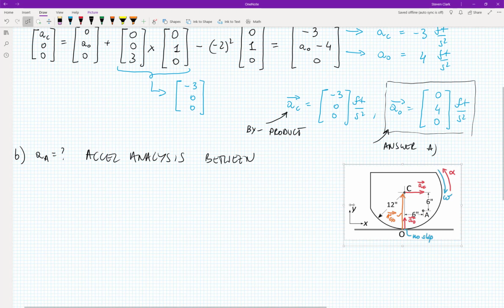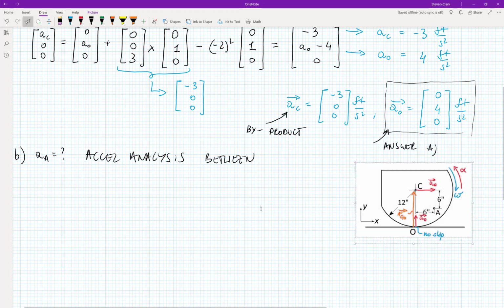Anybody? C and A. Okay, so I'm going to run acceleration analysis between A and C.